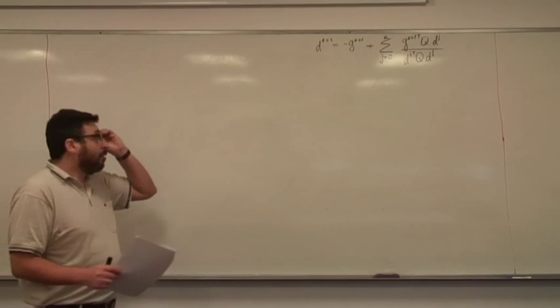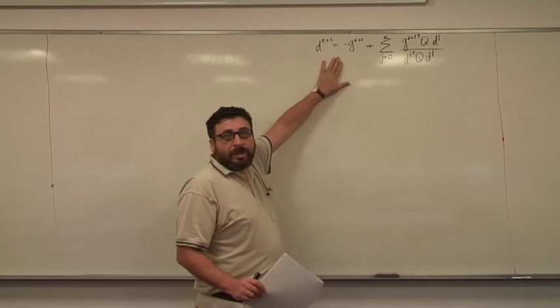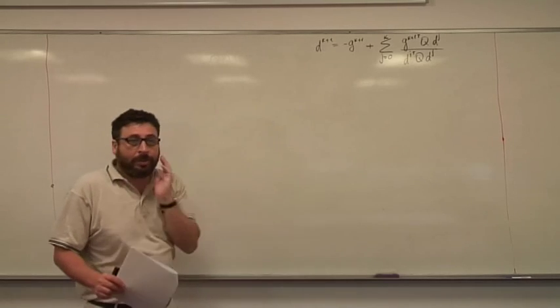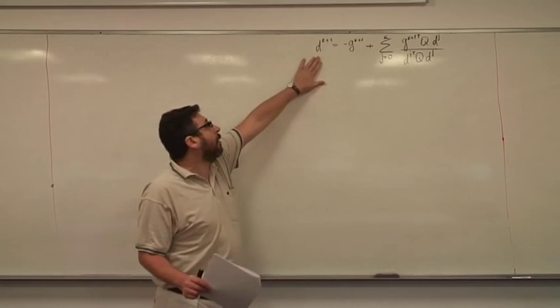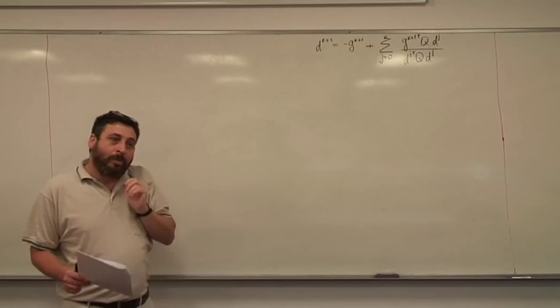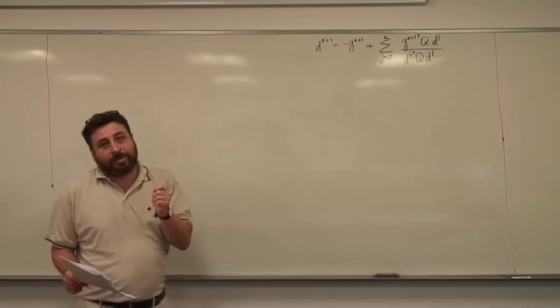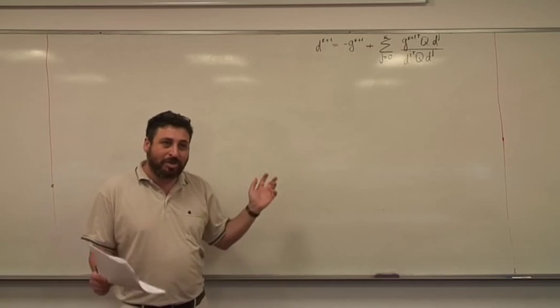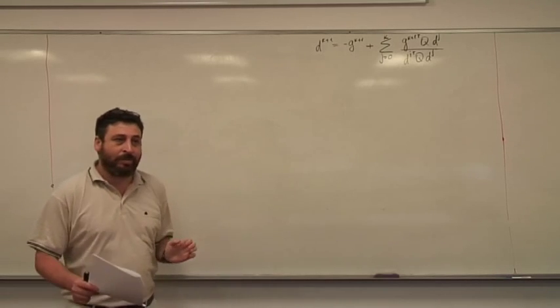Okay, so we got this formula for computing conjugate directions. I write it once more. And why does the conjugate gradient method have an advantage over a general conjugate direction method?